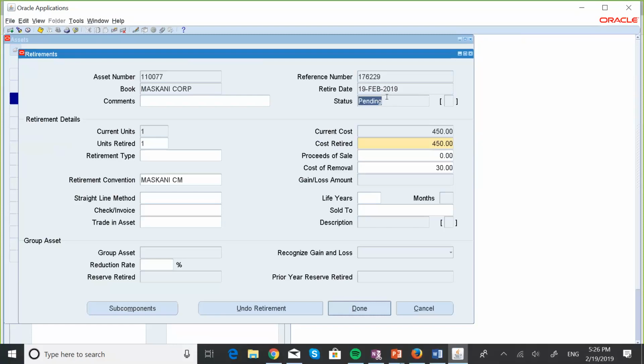When do we run gains and losses? Actually, when you run depreciation, the gains and losses program is also launched. Okay. However, we can also run it on its own.